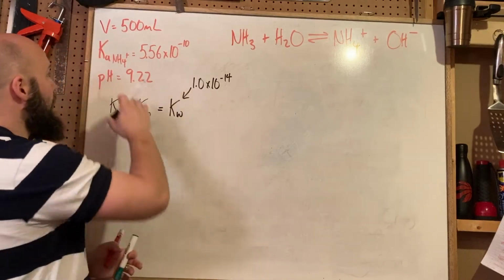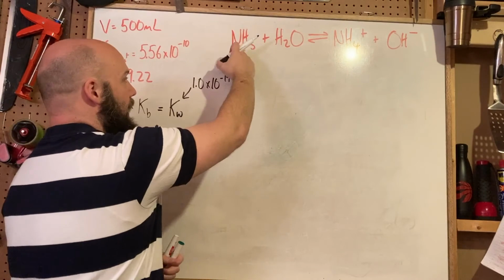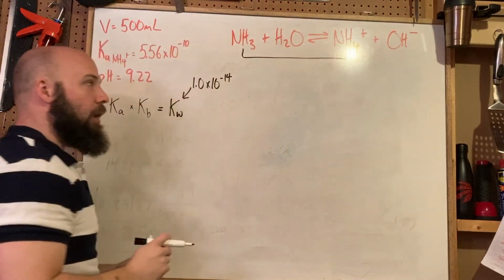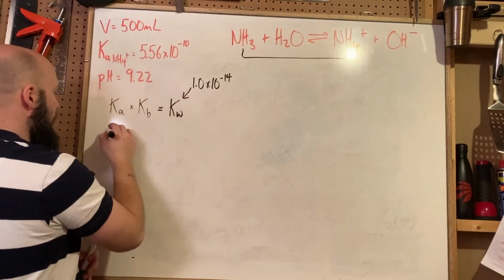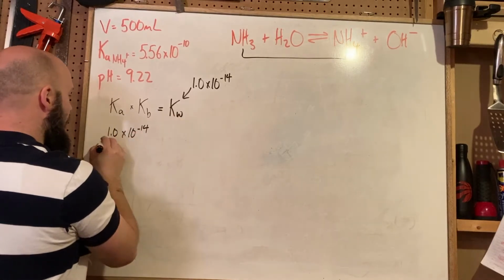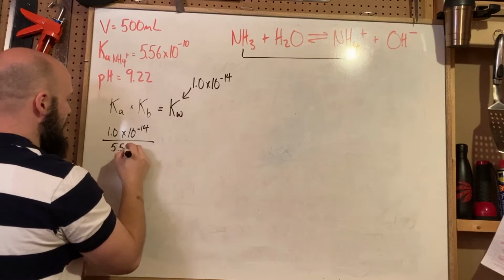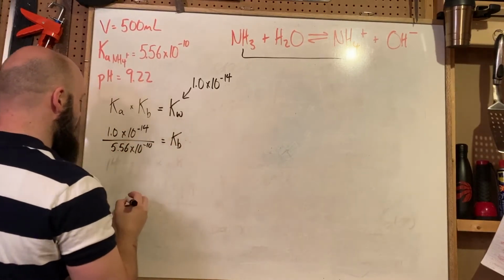This means that if you're given a conjugate acid's Ka, you can find that base's Kb, since the ammonia and ammonium are conjugate acid-base pairs. Use the 1.0 times 10 to the negative 14, divide it by your Ka, 5.56 times 10 to the negative 10, to get that Kb.